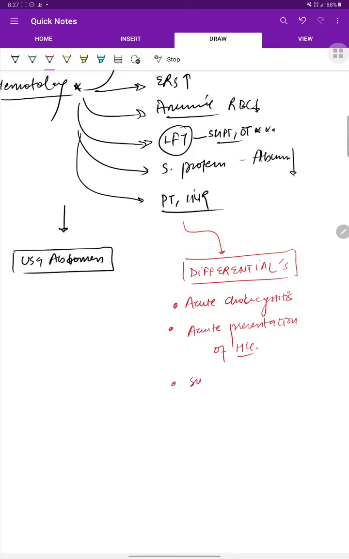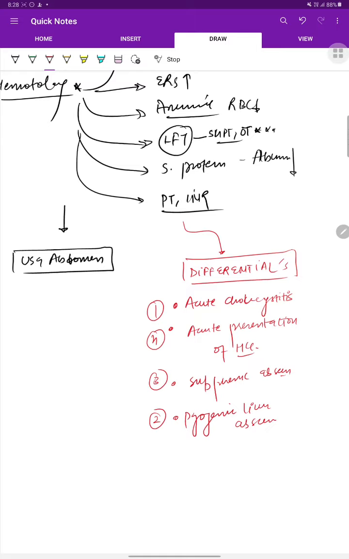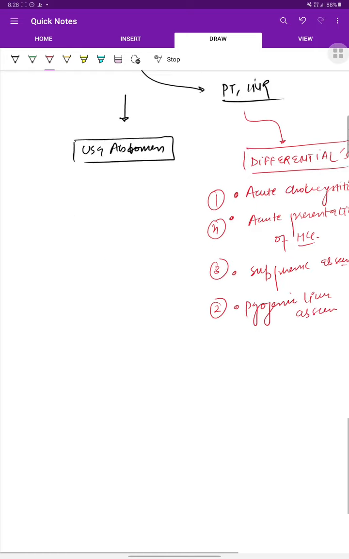It may be a subphrenic abscess, or it may be a pyogenic liver abscess. So the order will be like this: 1, 2, 3, and 4. So these all are differentials.